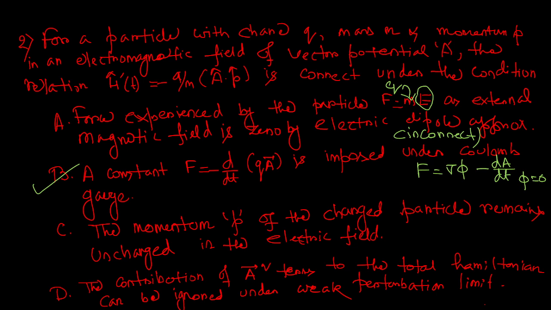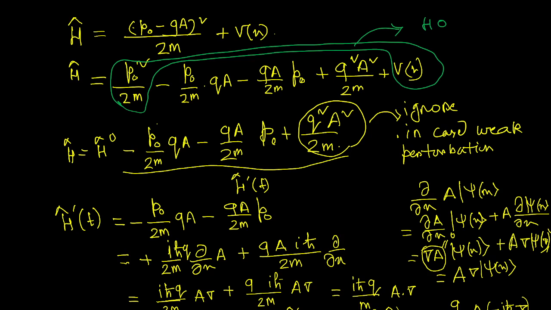You can see the momentum is changing depending on the electric field, that is, the amount of light exposed to the particle. So this is an incorrect statement. Now, the contribution of the A square term to the total Hamiltonian can be ignored in the weak perturbation limit. I showed here that at weak perturbation limit we can ignore this term. So that is a correct option.